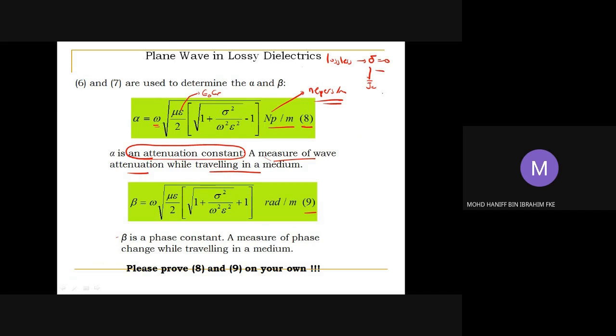We learned from lecture 22 that this conduction current is the source of loss in your medium. That is why in a lossless dielectric there is no loss occurring in the medium, and based on the equation for the lossless dielectric, we have a very nice wave.